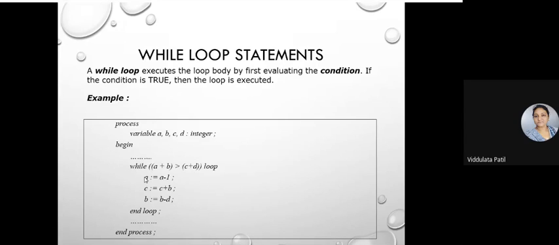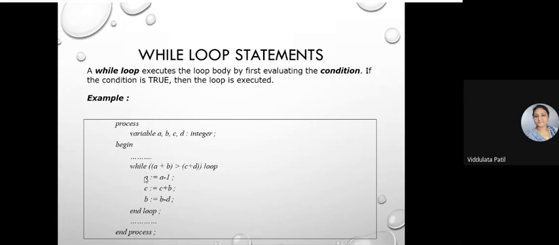That means when we are studying a while loop, we are considering a certain condition, and the loop body will first evaluate that condition, and after that, if the condition is true, then only is the loop executed. Otherwise it will not be executed, and there will be an end of that loop.